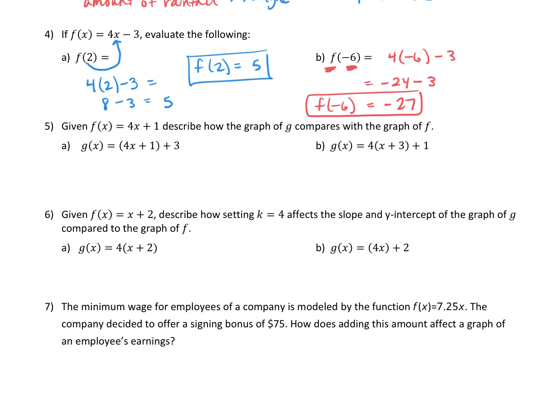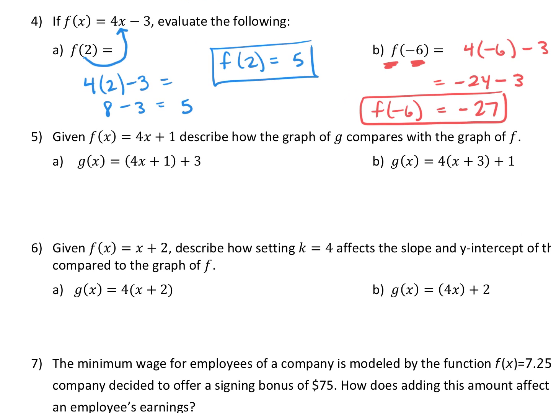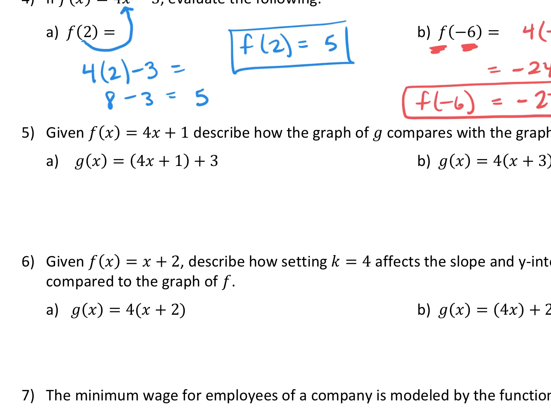All right, number 5. Given that f of x equals 4x plus 1, describe how the graph of g compares with the graph of f. Okay, so I'm going to use a highlighter, which can help us see how a graph changes. If our original function is 4x plus 1, I'm going to highlight it.